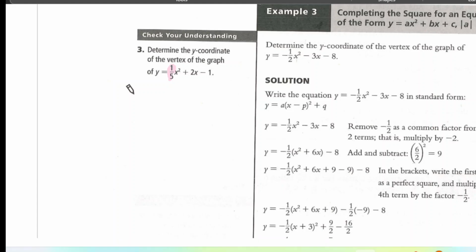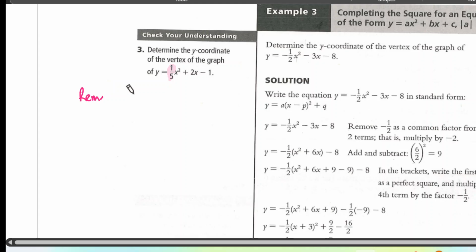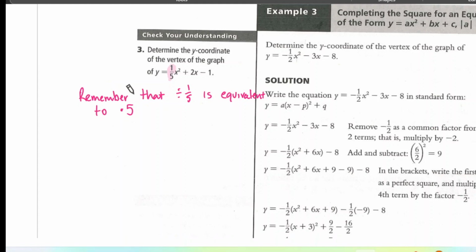So remember that dividing by 1 over 5 is equivalent to multiplying by 5. Okay, so when you divide out 1/5 from the first 2 terms, it's essentially like you're multiplying by 5.